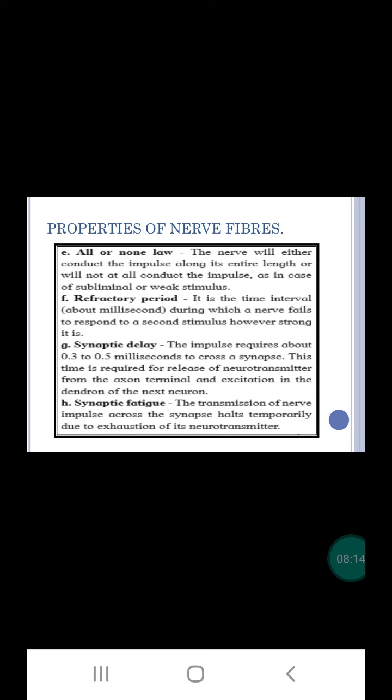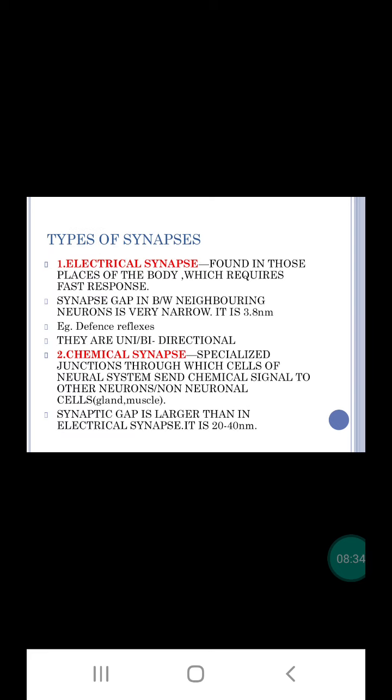Then synaptic fatigue. The transmission of nerve impulse across the synapse halts temporarily due to exhaustion of its neurotransmitter. That is the synaptic fatigue. Now there are different types of synapses. First is electrical synapse and second is chemical synapse.